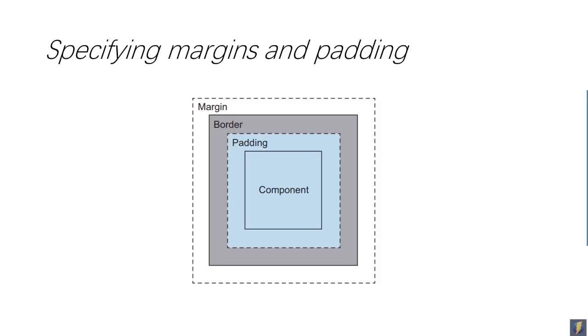If the user just defines margin left and margin top, and does not define margin right and margin bottom, in CSS, if there is no margin bottom, the bottom will be the same as top. If there is no margin right, the right will be the same as left.